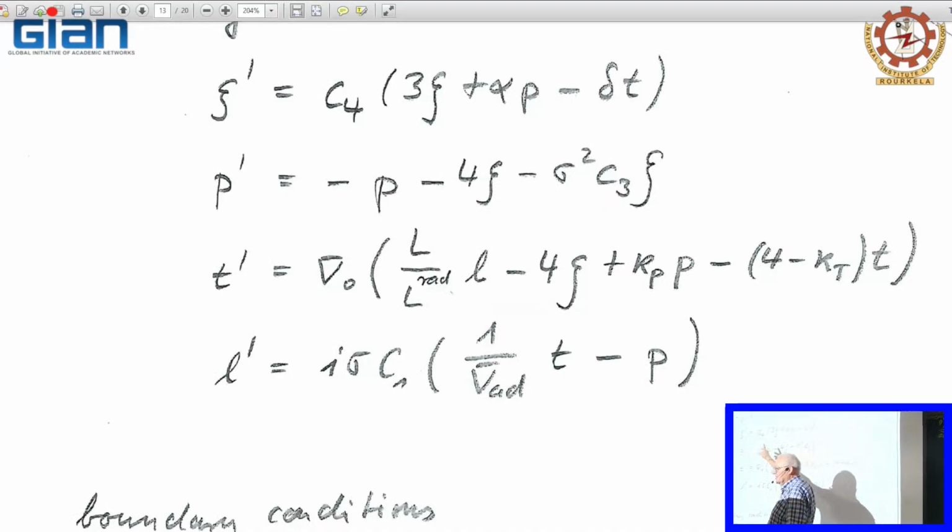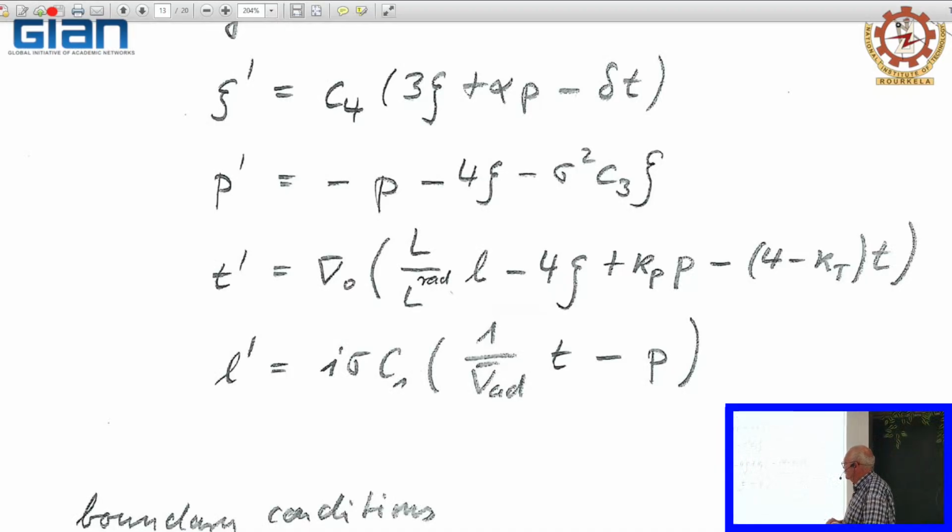Then C4 is essentially a ratio between the sound speed squared and the gravitational potential energy. So that needs to be reflected in the coefficients of the perturbation equation, because these are sound waves and they have to be controlled by the stratification of the sound speed.